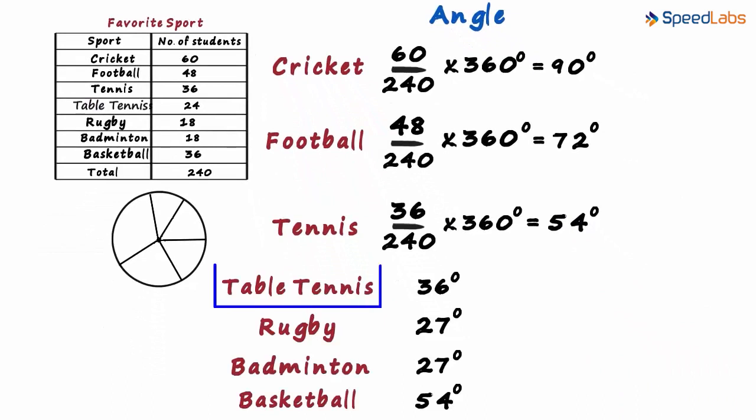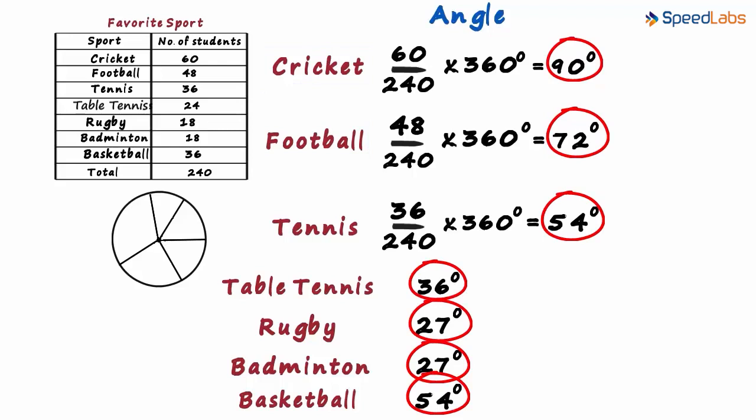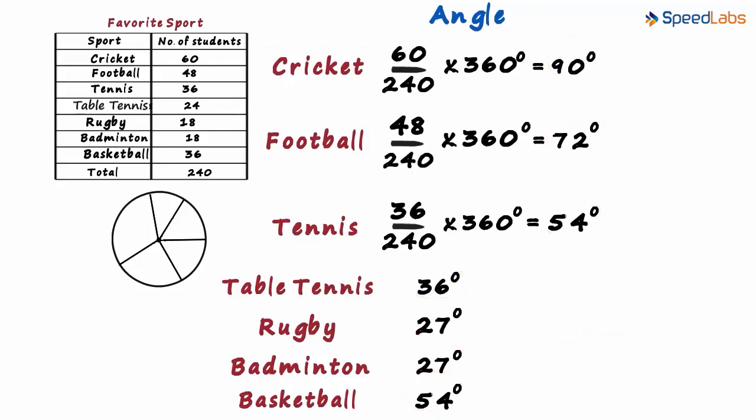Similarly, table tennis would represent 36 degrees, rugby would represent 27 degrees, badminton 27 degrees, and basketball 54 degrees. You will see that the more popular a sport is, the bigger will be its angle. If we have done the calculations correctly, the sum of all the angles would also equal 360 degrees. With this information, we would be able to draw a pie chart for this table.